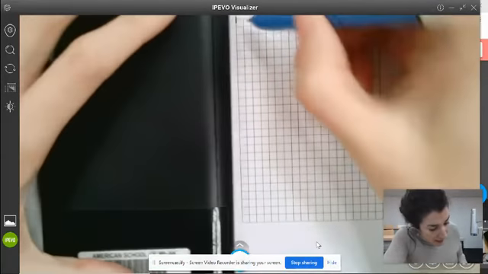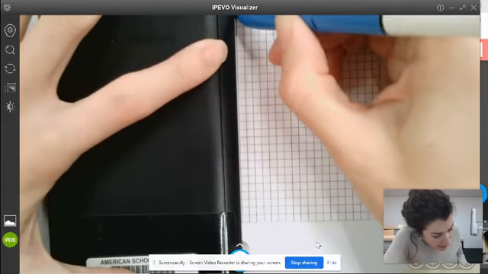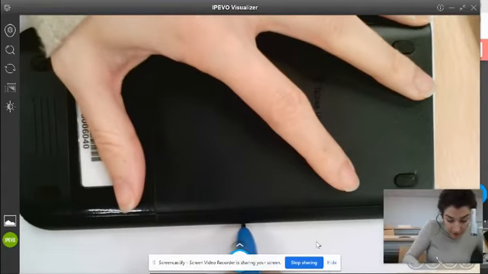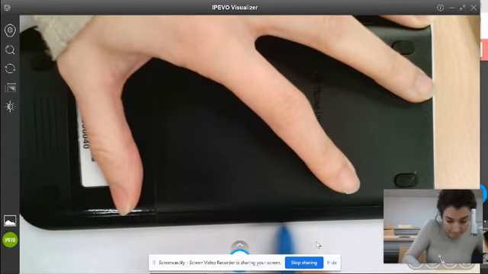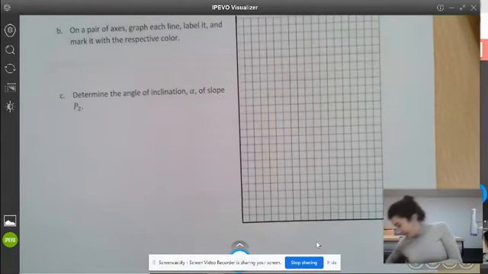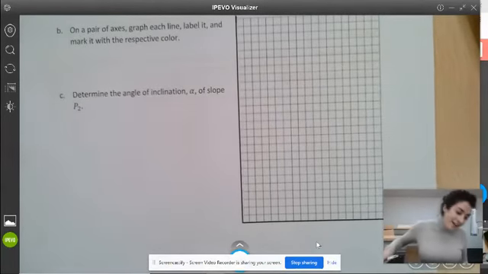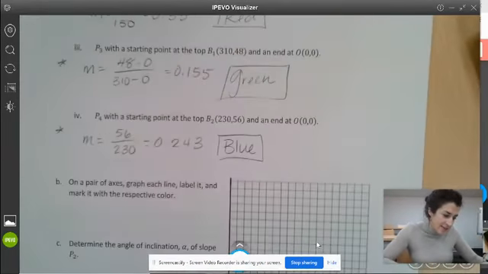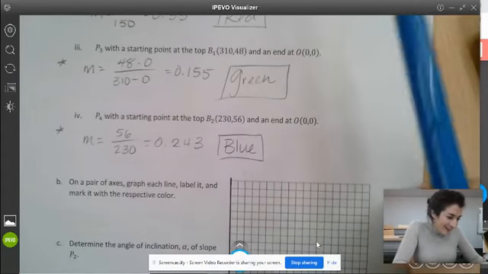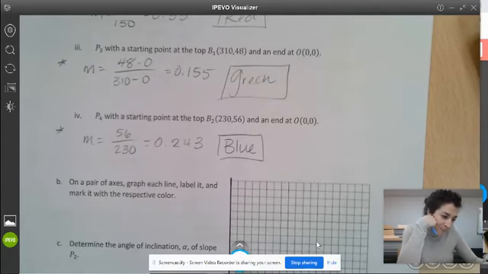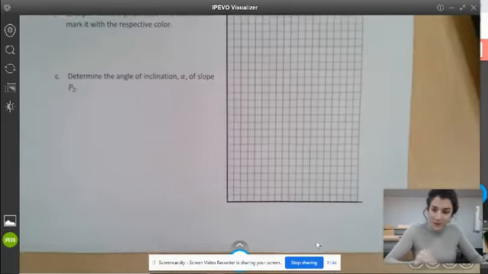So that means that my axes can be drawn such that I only am focusing on positive values. I know that my largest x value is going to be 450.